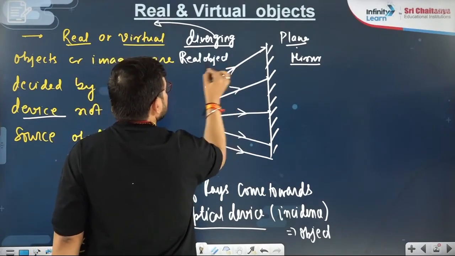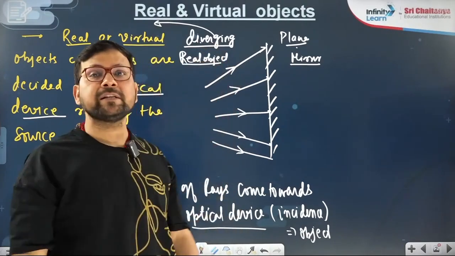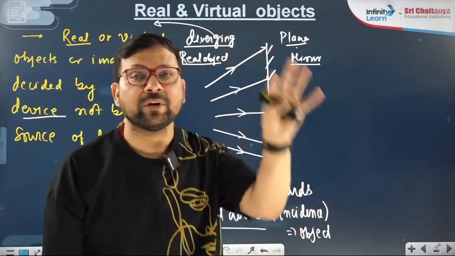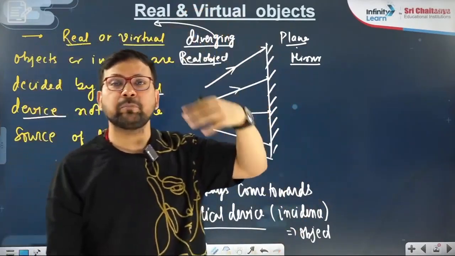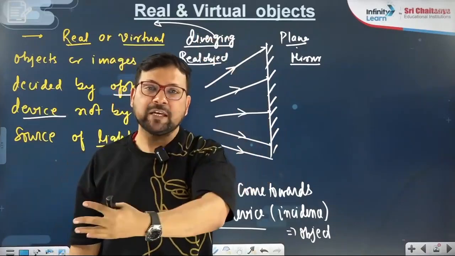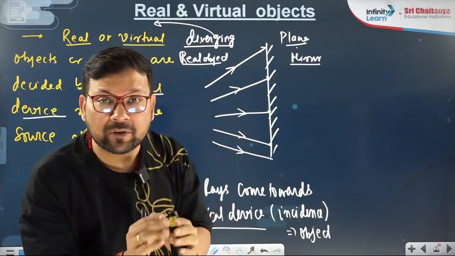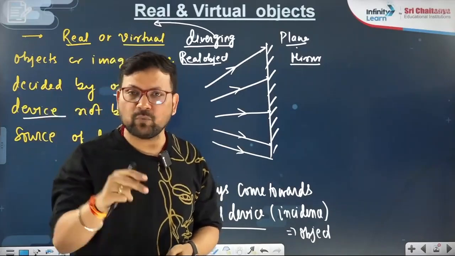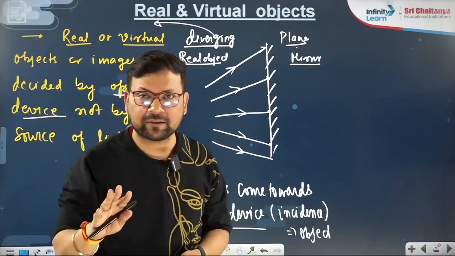So try to understand the sequence. Who decides the real object? The real object is decided by the optical device. Mirror will decide, convex lens will, concave lens will, any optical device will decide the real object. Source will not decide. From where light is coming does not matter.